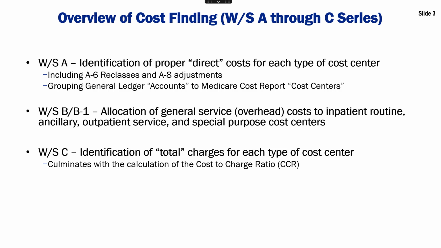And we'll see an example later on. That's generally a reduction factor, and that means there was markup built into the charge, which is again common, but there could be some situations where it's over 100% for a variety of reasons, and that's fine. So the point is, by the end of Worksheet C, we have a cost to charge ratio for each and every cost center.